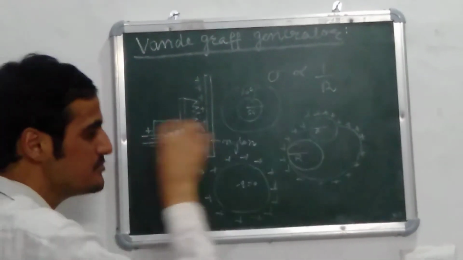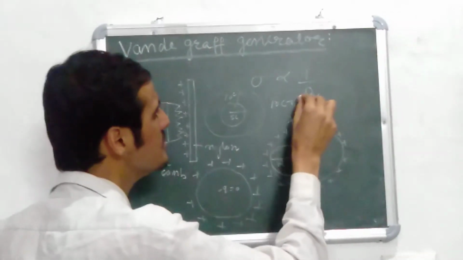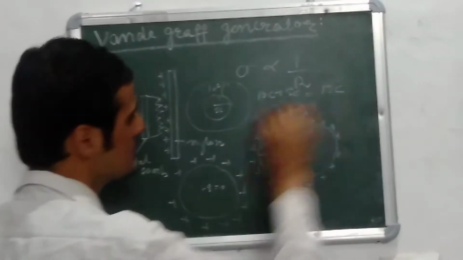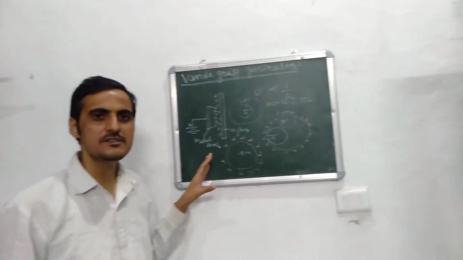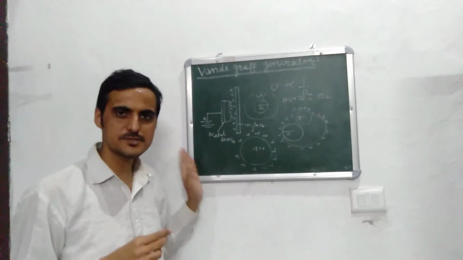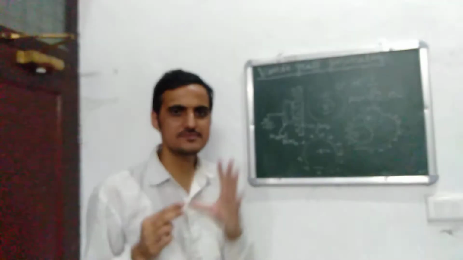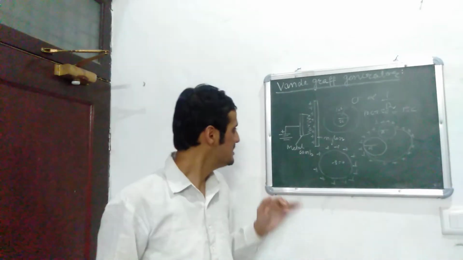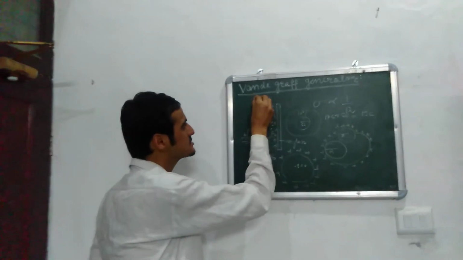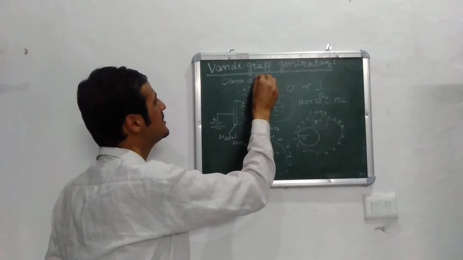If we attach both of them, the total charge is 10 coulomb plus 5 coulomb, which is 15 coulomb. This explains the principle of the Van de Graaff generator, and this type of discharge is known as corona discharge.